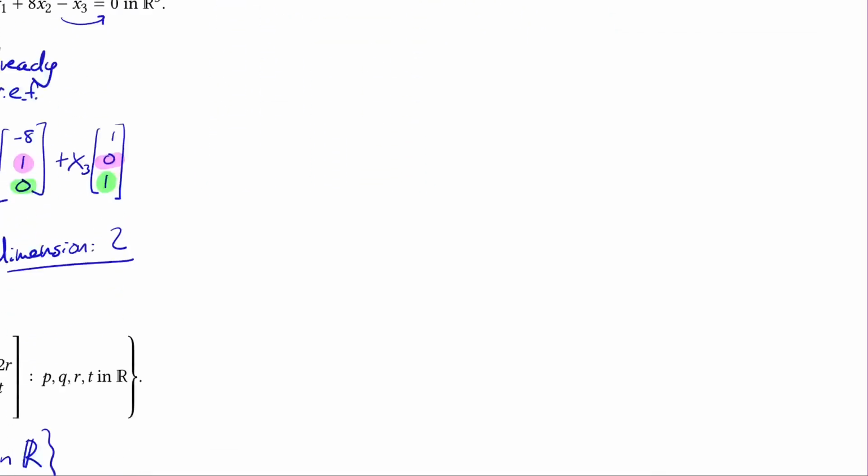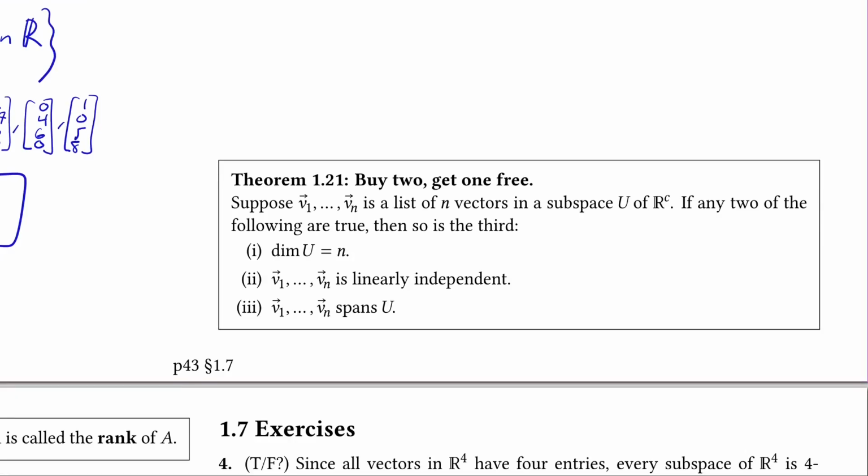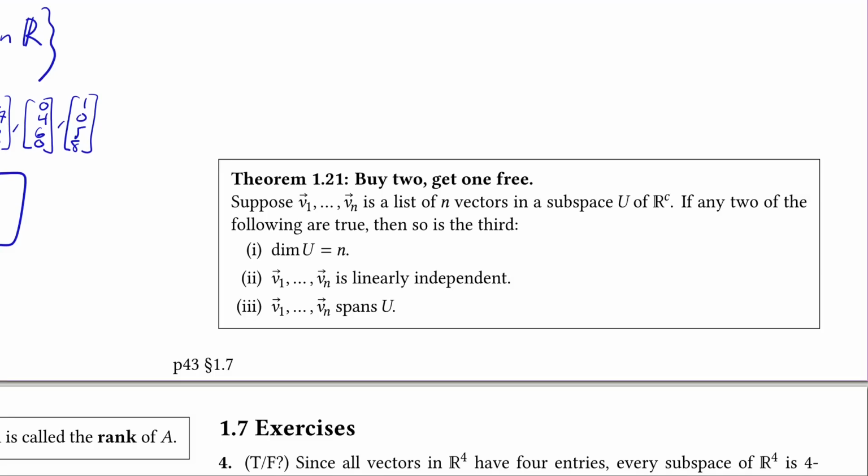but before that, let's see how that applies to the buy two, get one free theorem. So this says if you have a list of vectors that are all in some subspace U of R^C, if any two of the following are true, then so is the third.